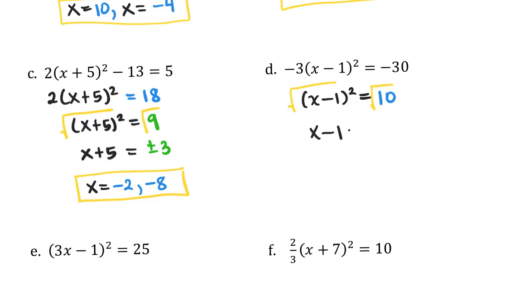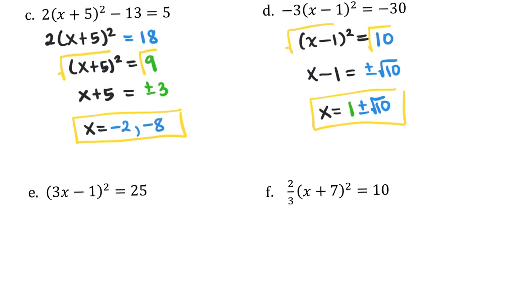X minus 1 equals the square root of 10 is irrational. Does it simplify? No, so positive negative square root 10. And then to solve it, I'm going to add the 1 to the other side. And normally we put the 1 first, and then the irrational. If you put the plus 1 at the end, it's still correct. It's just a different way of writing it.